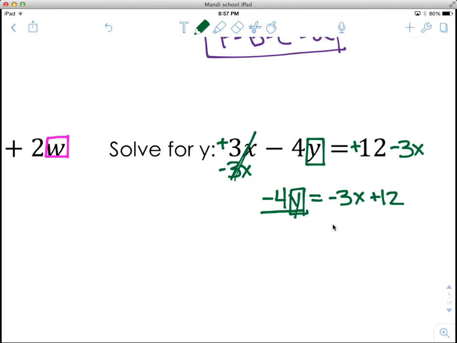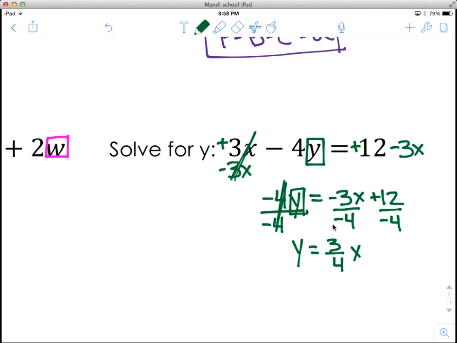So we want to divide everything by negative 4. So remember how I divided each one individually? I want to do that too on this one. Divide everything by negative 4. So negative 4 over negative 4 is a positive 1, which is invisible. A negative 3 over a negative 4 is a positive 3 over 4x.